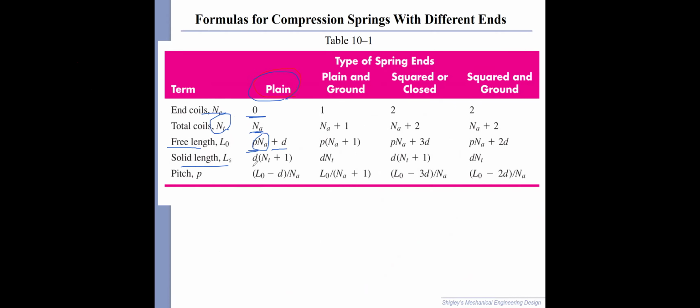For plain and ground ends, the end coil equals 1. For squared and closed ends, the end coil equals 2. From this table, we can decide NA, NT, L naught, and LS based on the end condition.